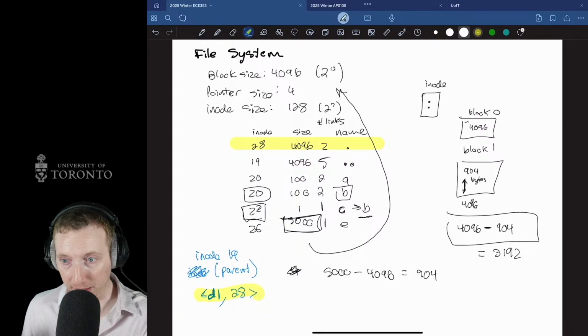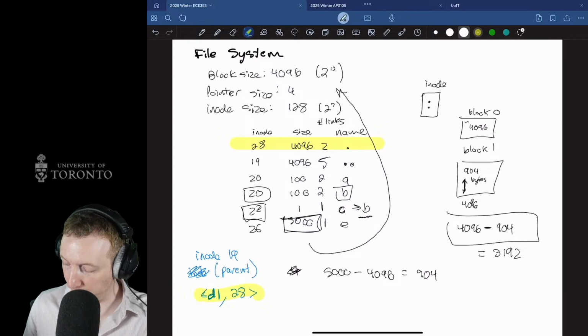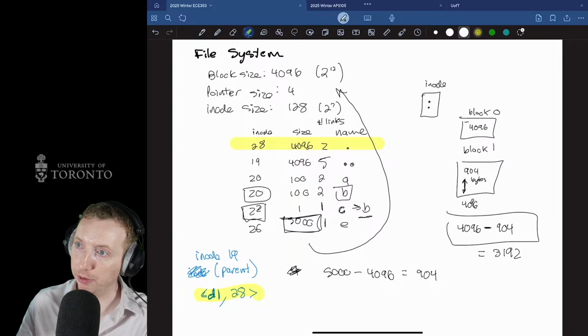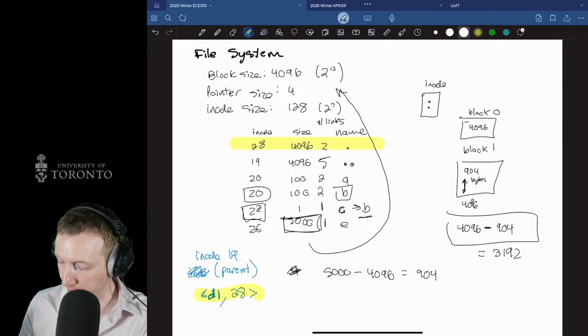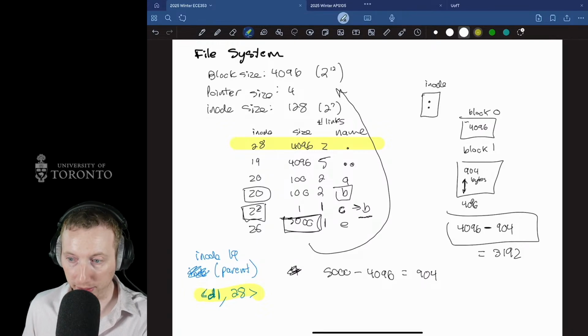So I just made something up. And then this would be our 2 links here. So it would be dot stored as one of the entries in inode 28 itself. And then it would also be in the parent directory given a name. So 28. So that would be how we got our 2 links here, all highlighted in yellow.